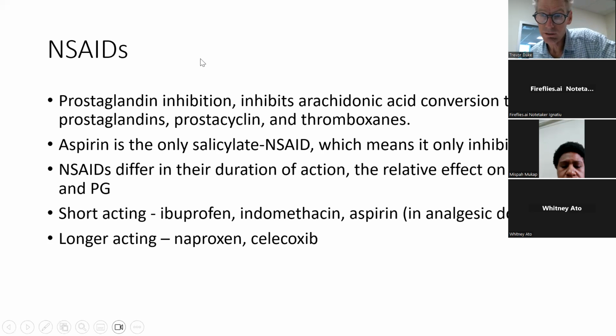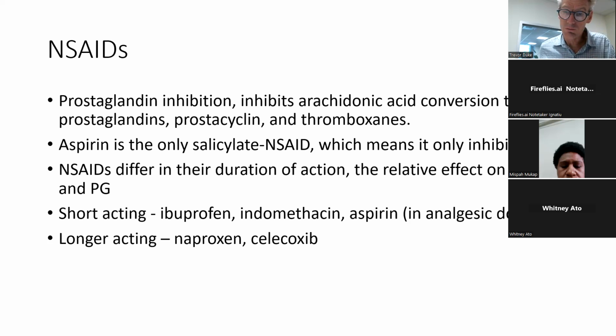The non-steroidal anti-inflammatory drugs also inhibit prostaglandins. They inhibit the arachidonic acid conversion to prostaglandins and prostacyclins and thromboxanes. They were on the lower part of that flowchart I showed you before. So they have a strong effective inhibition of prostaglandin synthesis, and they vary in terms of their duration of action.